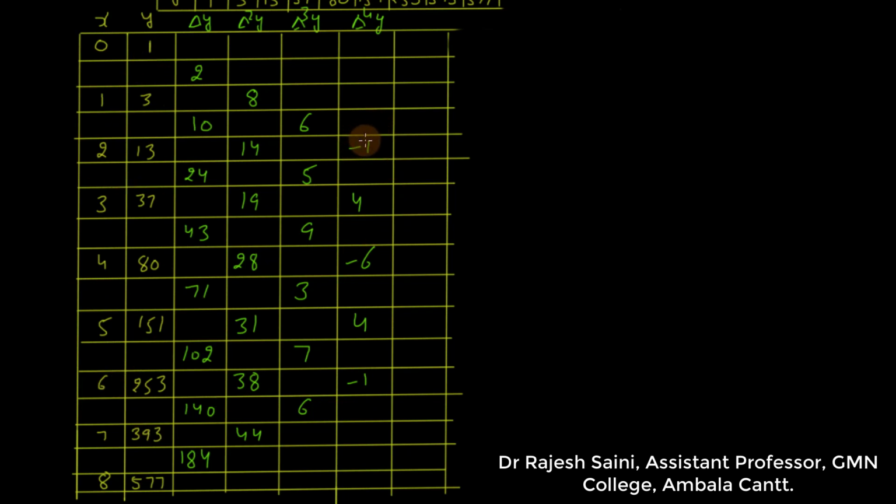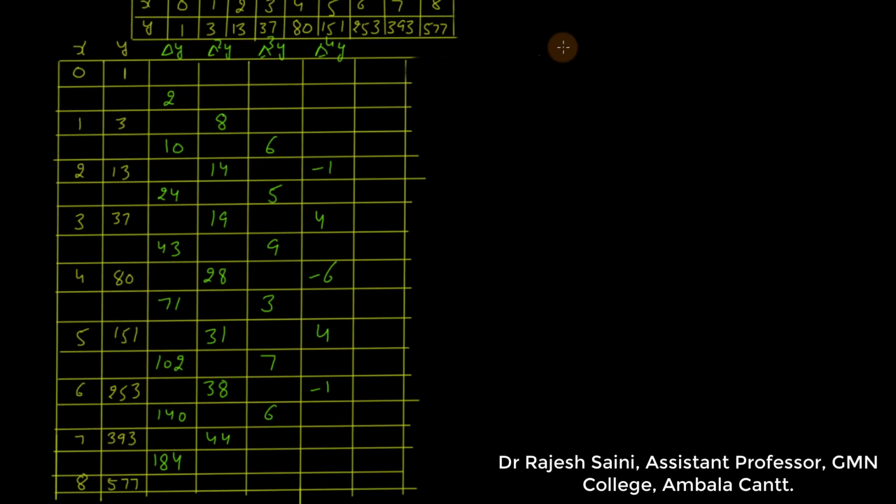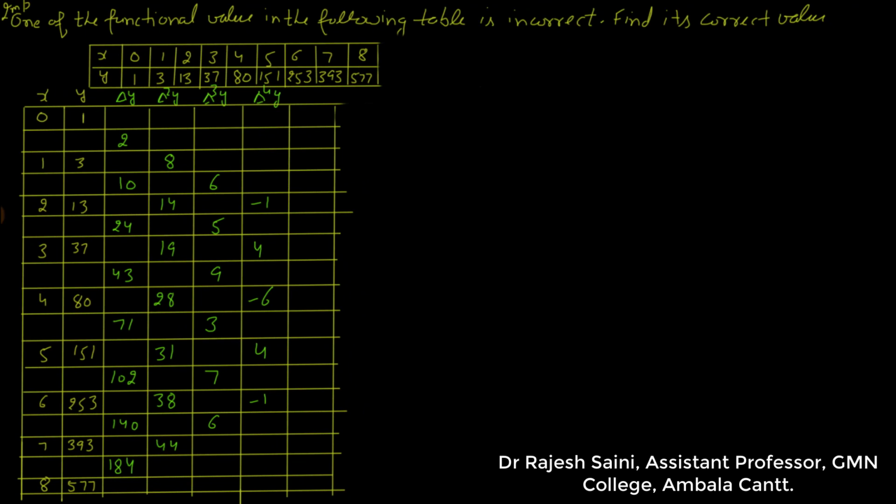How? Because we knew that in this case the error terms will be given by the binomial coefficients of (1 minus p) raised to the power 4, as we already discussed. What are its binomial coefficients? They will be 4C0, minus 4C1, 4C2, minus 4C3, 4C4.